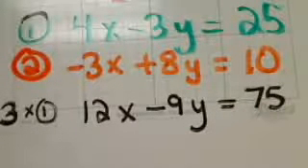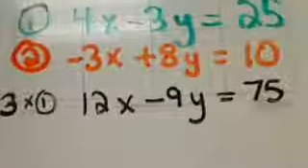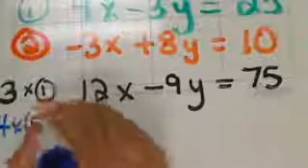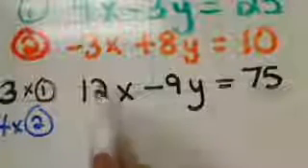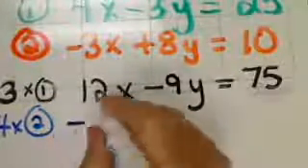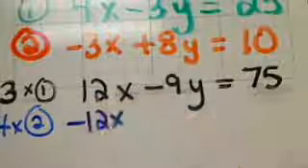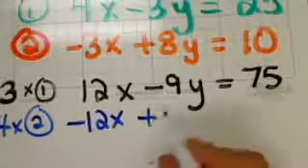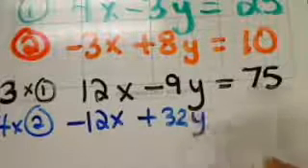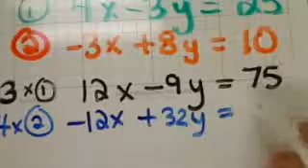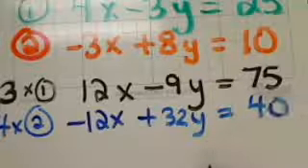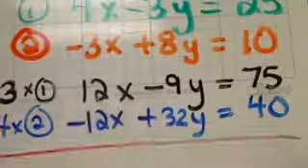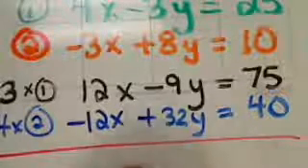I'm going to have to follow that up with 4 times equation 2, so 4 times negative 3x is negative 12x. 4 times the 8 is going to be plus 32y, and then the 4 times the 10 is going to give me the 40. That's not terrible, but it is a little more complicated than the previous example.